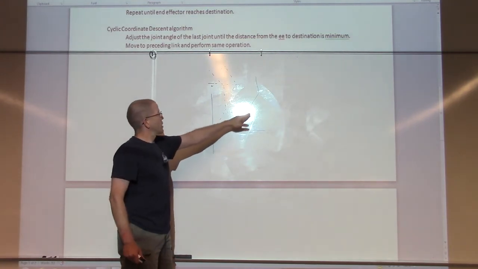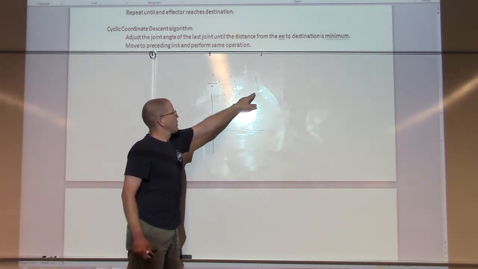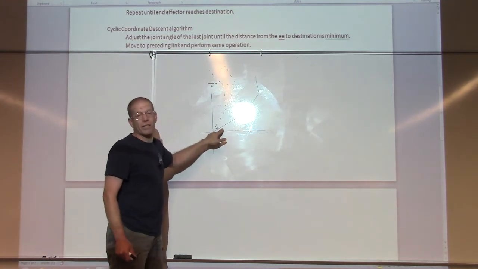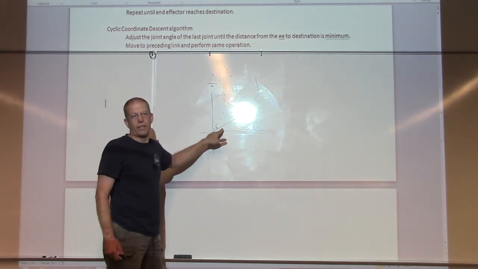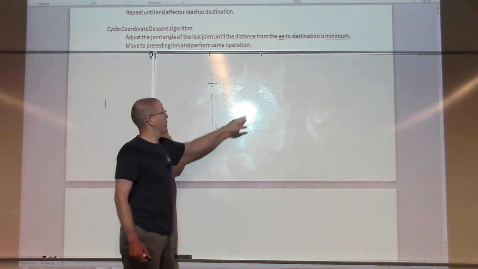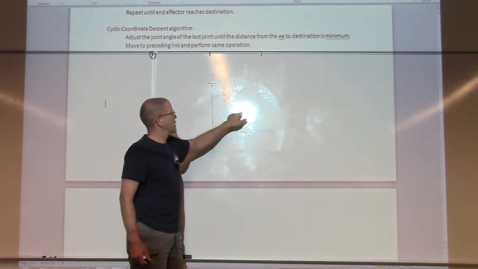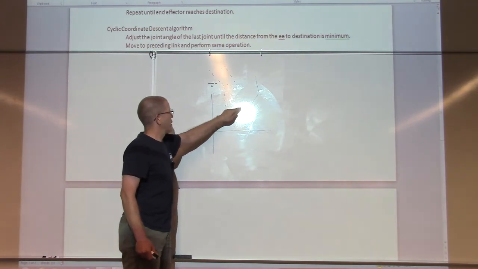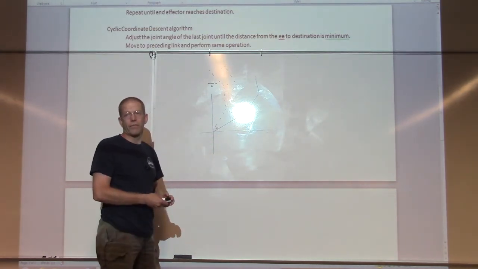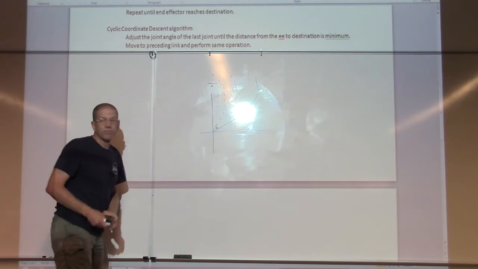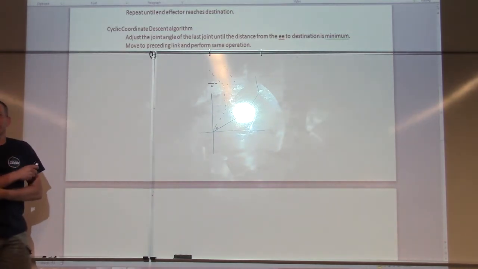Whereas when you start at the final link, you may not even have to touch your base joint in order to reach that destination. Okay? Just by going through and adjusting this guy, coming back, adjusting here, moving through, and so on and so forth.